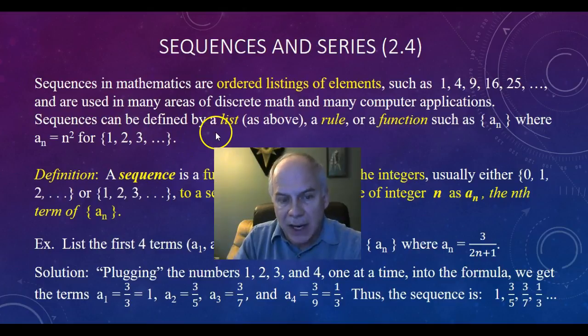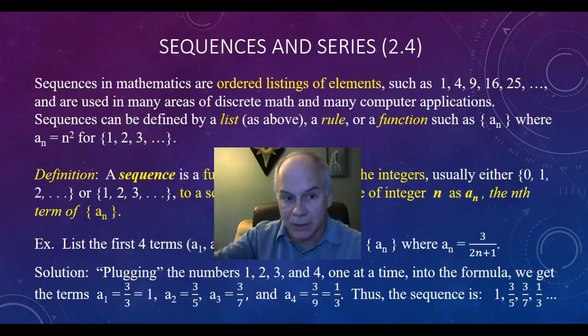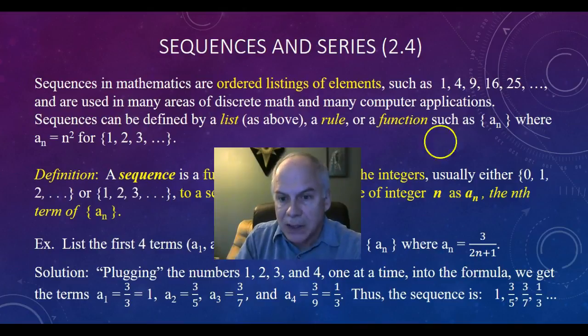Sequences can be defined by a list, like the list I just mentioned, by a rule, like perfect squares. This could be denoted by the list perfect squares. That's a rule. Or a function, such as, and then we have this notation where we have a set of braces with a sub n.